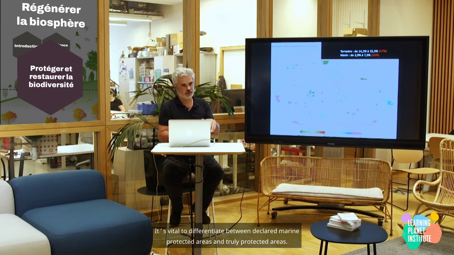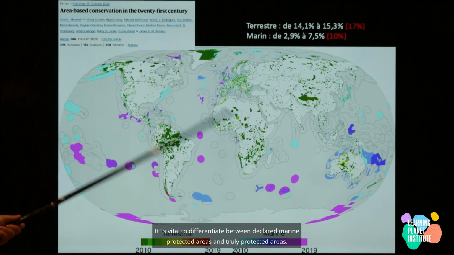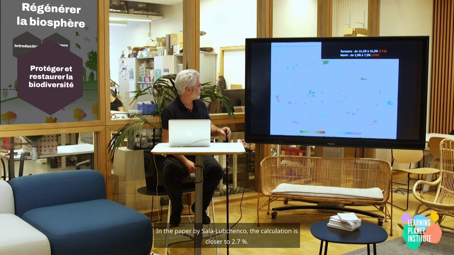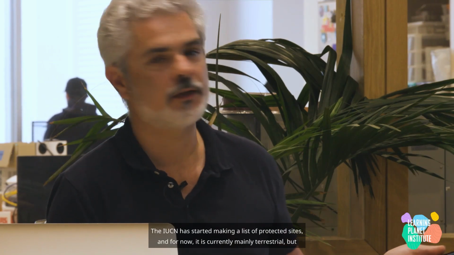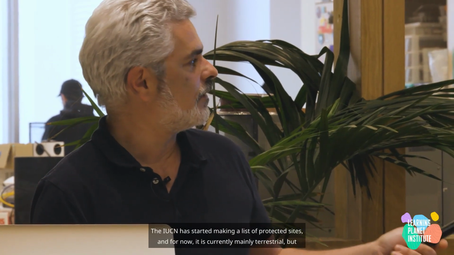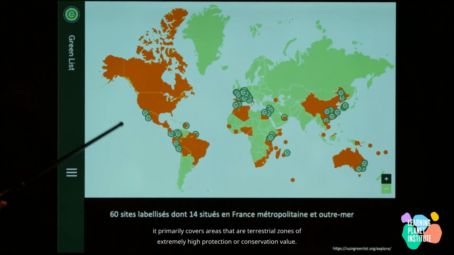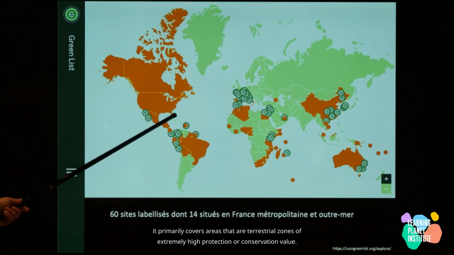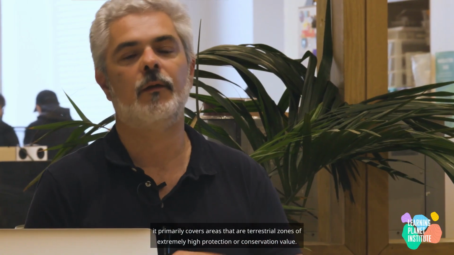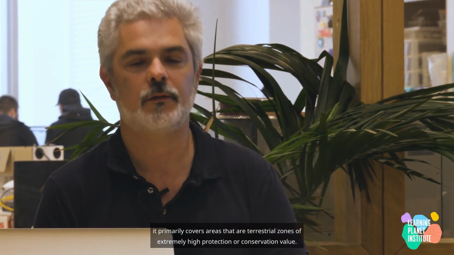It's vital to differentiate between declared marine protected areas and truly protected areas. In the paper by Sala Lubchenko, the calculation is closer to 2.7%. The IUCN has started making a list of protected sites, and for now it is mainly terrestrial, but it primarily covers areas of extremely high protection or conservation value.